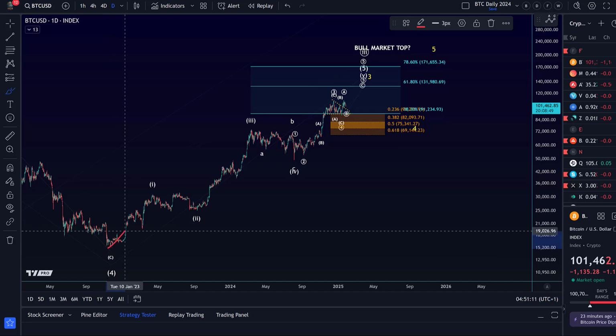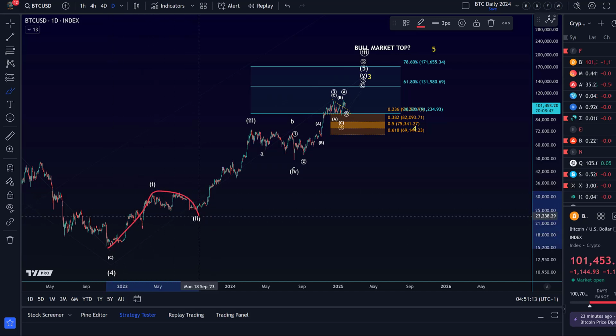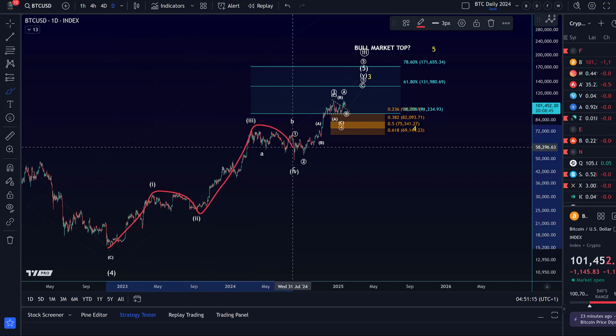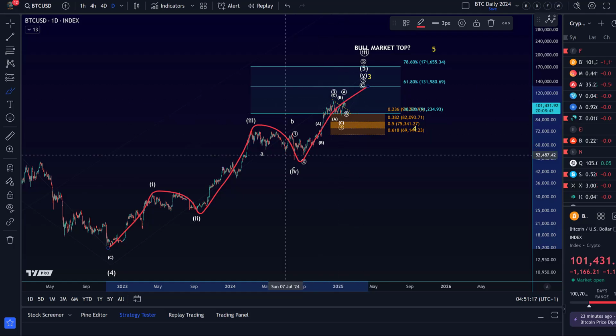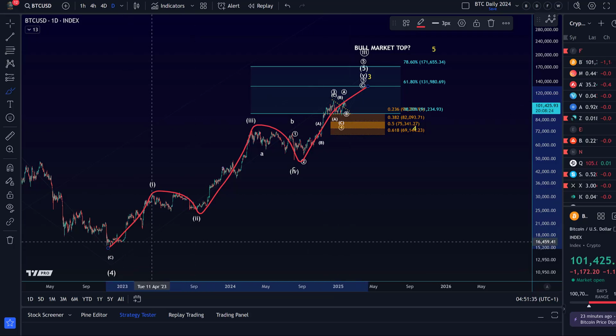And we can identify this as a wave 1, a wave 2, a wave 3, a wave 4, and a wave 5. So we're getting to the end of this move. Further upside extensions are always possible, okay? But the next milestone target is located around $130,000. Now, when we zoom out, the move to the upside could technically be complete.